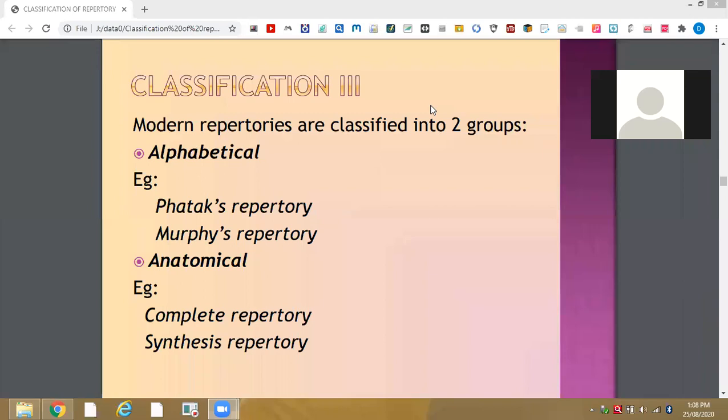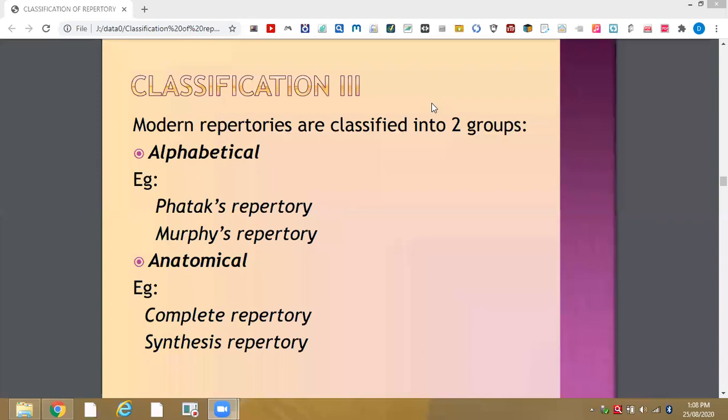So yesterday we discussed up to this classification, that is, modern repertories are classified into two groups, again, that is alphabetical repertory and anatomical repertory. In alphabetical repertory, we discussed the examples previously, that is Pathak's repertory and Murphy's repertory.